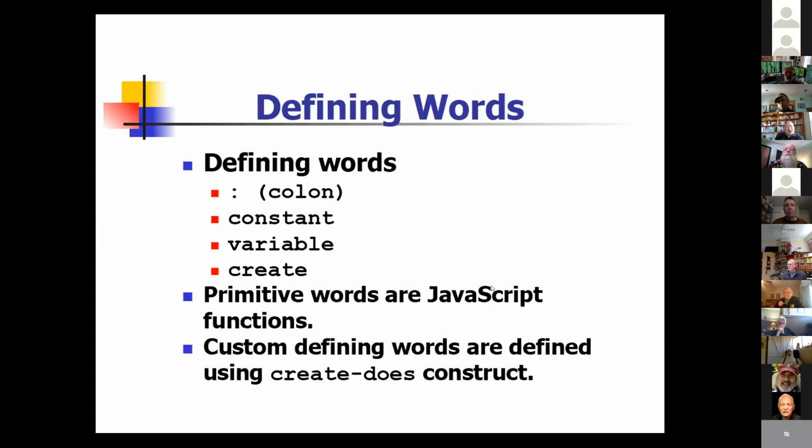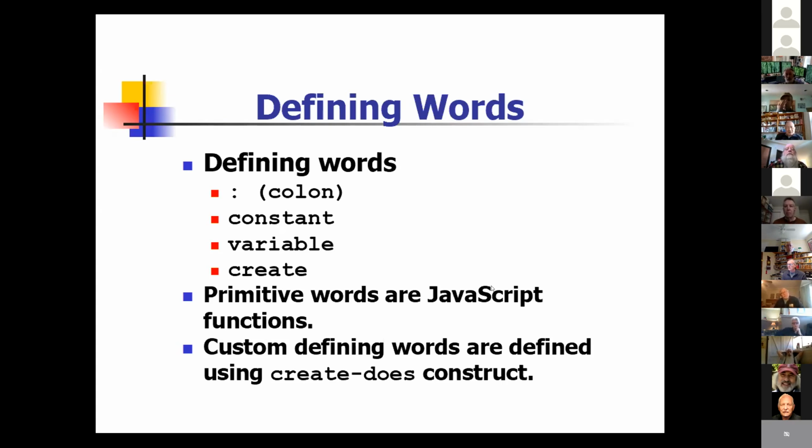The defining words in this system are colon, which we all know and love, constant, variable, and also array, which can be created by create. These are the system defining words.